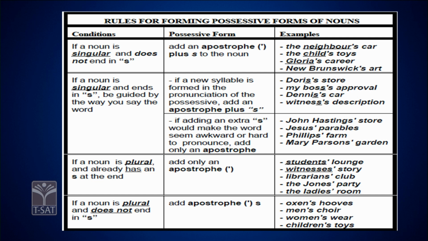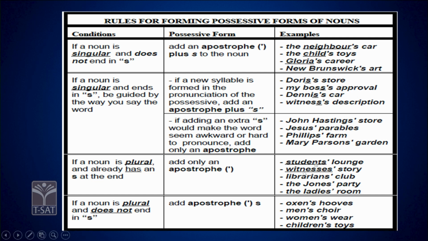In the earlier cases, the pronunciation is not going to change: Doris's store, my boss's approval, Dennis's car, witness's description. But here, John Hastings's is a little awkward, so we are going to add only an apostrophe. John Hastings' store, Jesus' parables, Philip's farm, Mary Parsons' garden, something like this.